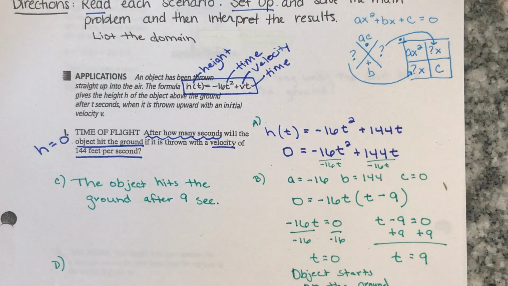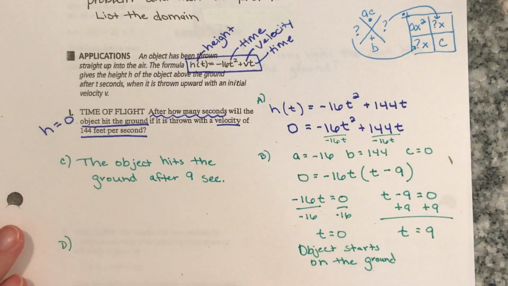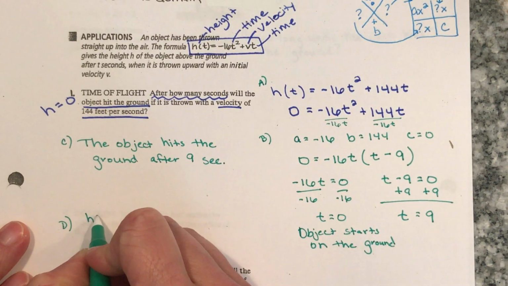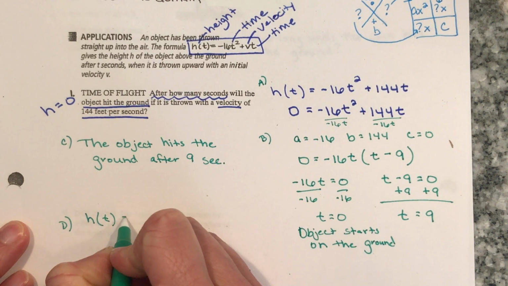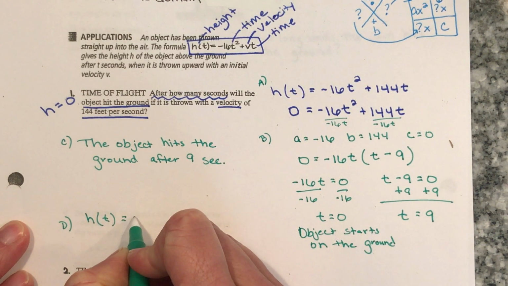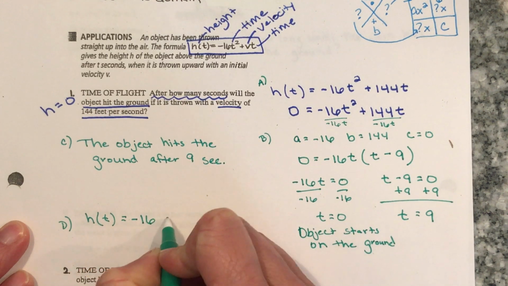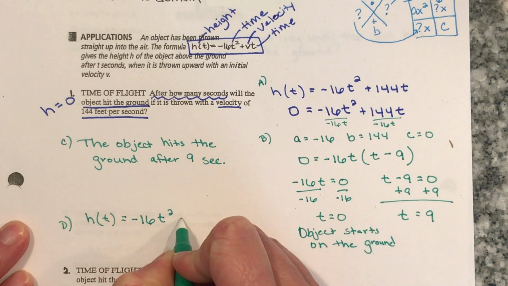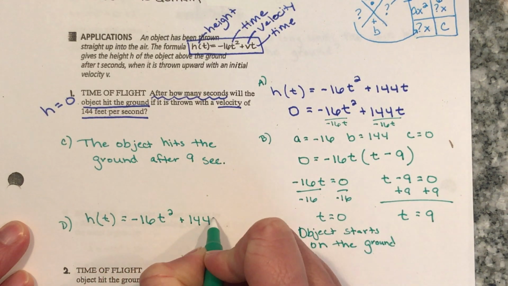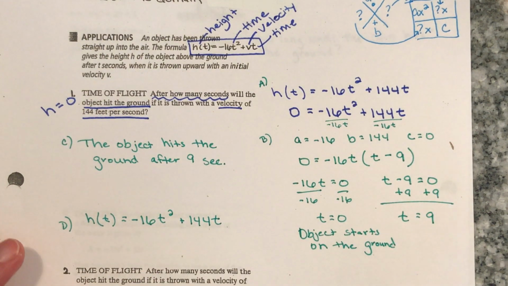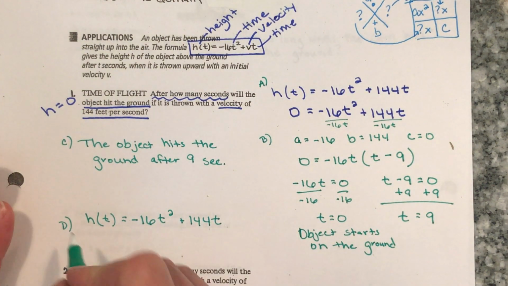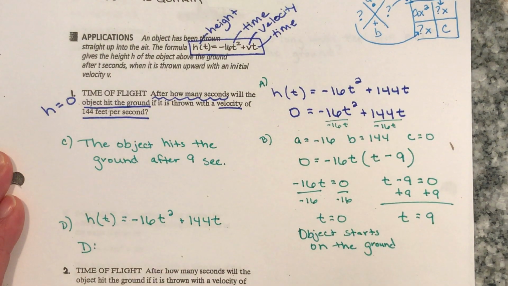The last part then is you have to come up with a domain for the function. So our function we are working with is height of a thrown object is found by doing negative 16t squared plus 144t. So the domain would be all of the possible amounts of time that the ball could be in the air.